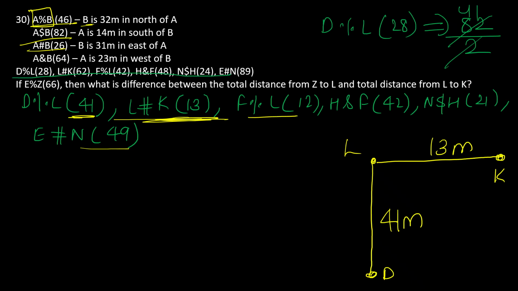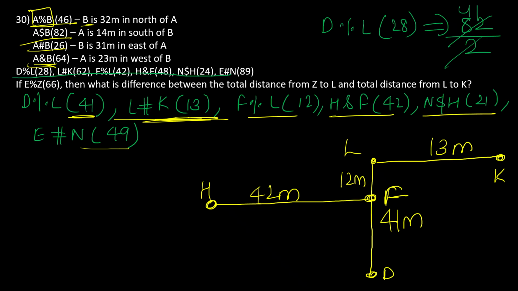F%L means L is to the north of F. L is to the north of F, so here somewhere F will come, and it is by 12 meter. Next, H@F. H@F means H is to the west of F by 42 meter.